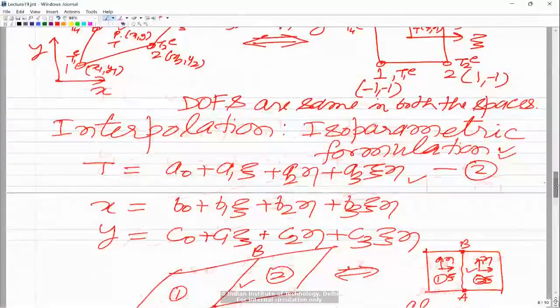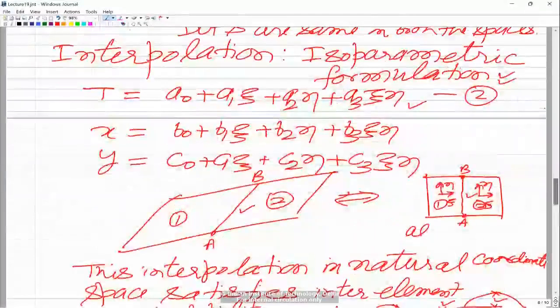So what does it mean actually? In the natural coordinate space formulation, you will always interpolate the independent unknown variables. So in this case, temperature, or for plane stress, plane strain problems, displacements u and v, and the xy coordinates. And in case of 3D, you will have temperature, or displacements u, v, w along xyz directions, and the coordinates xyz. So you would be interpolating both.